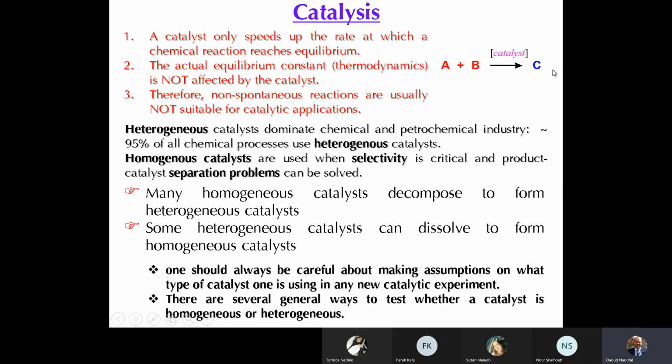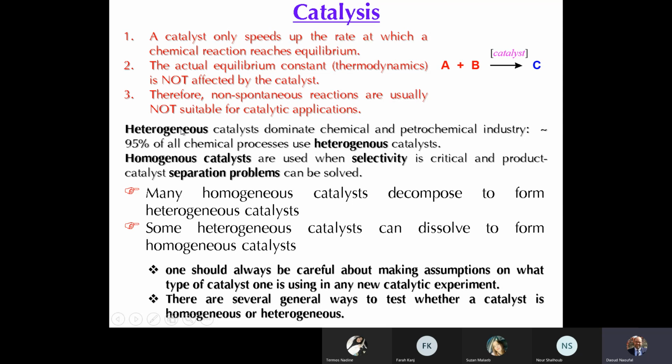We have two types of catalyst: homogeneous and heterogeneous, where 95% of chemical processes now use heterogeneous. What is the definition of homogeneous and heterogeneous catalysis?